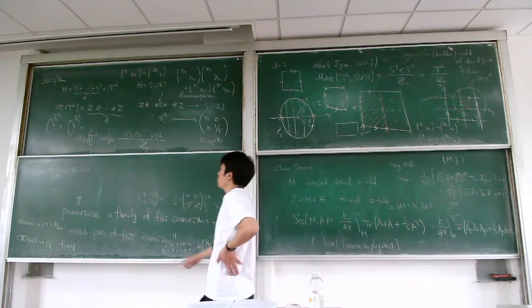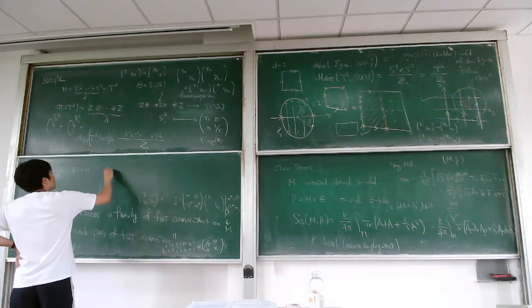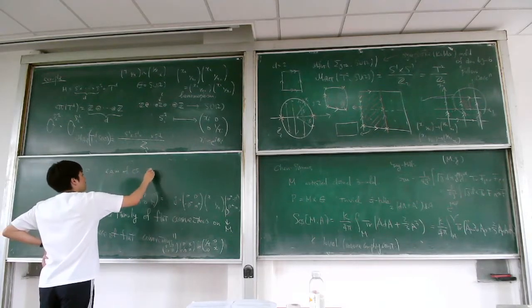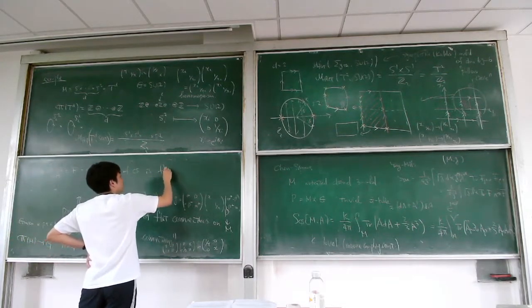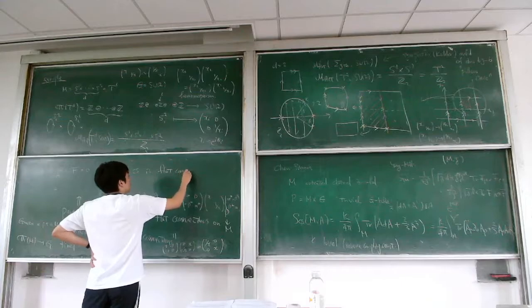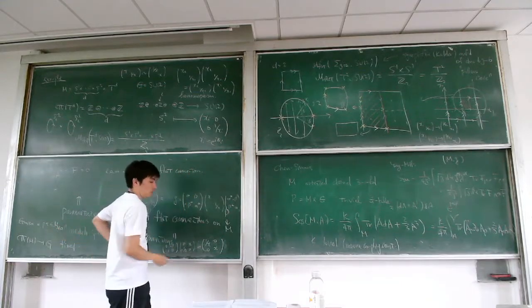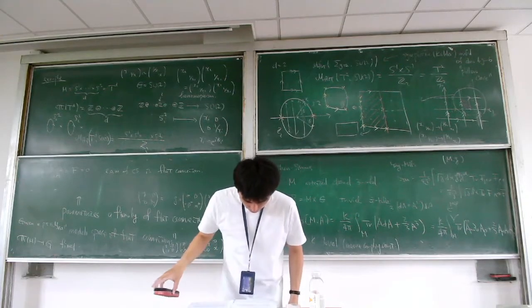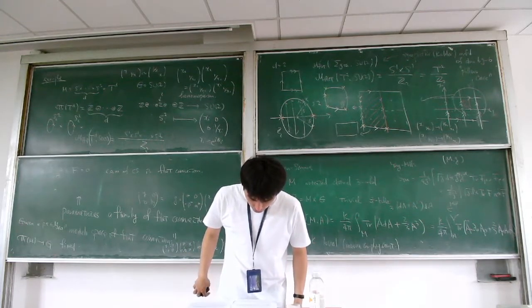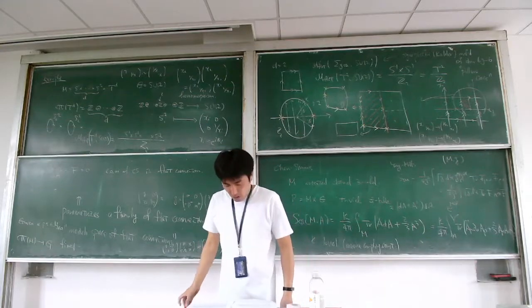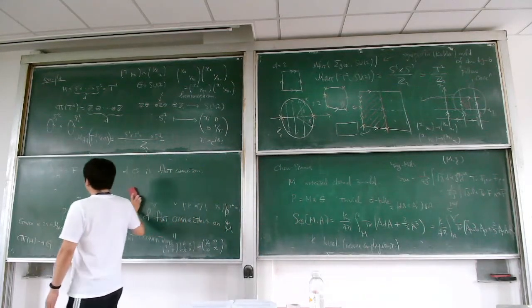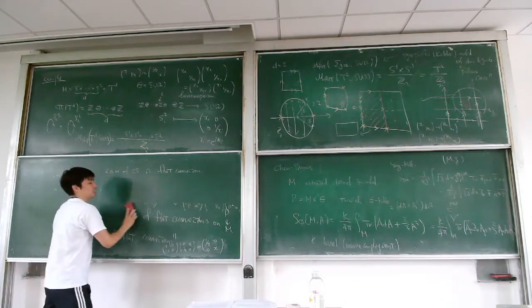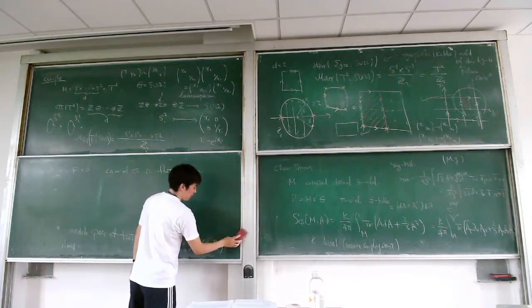The equation of motion of Chern-Simons is the flat connection. I think I made a mistake.